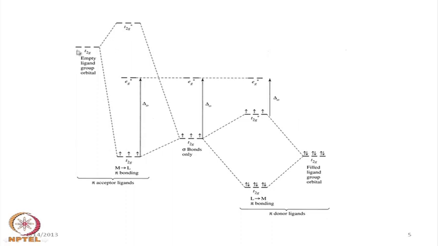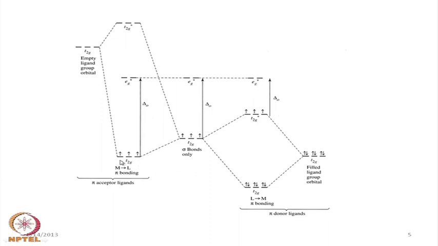Because we have this interaction, we have the stabilization of the T2g level, and now we get the transition from the T2g bonding to the eg antibonding level. It is easy to remember that whenever we have pi donation from the ligand side, the levels involved are both T2g star and eg star, and both are of antibonding type.